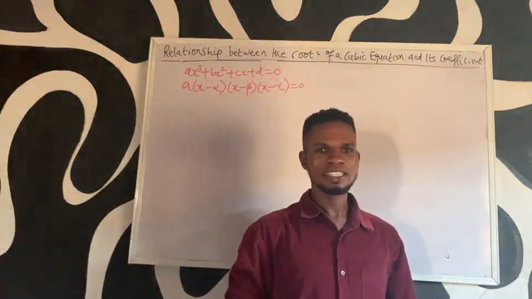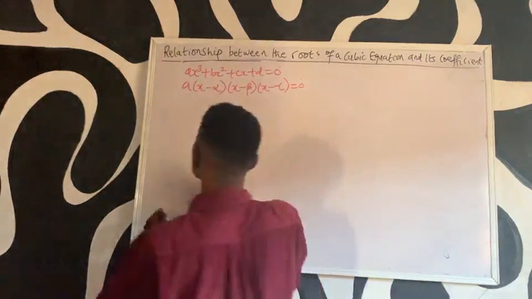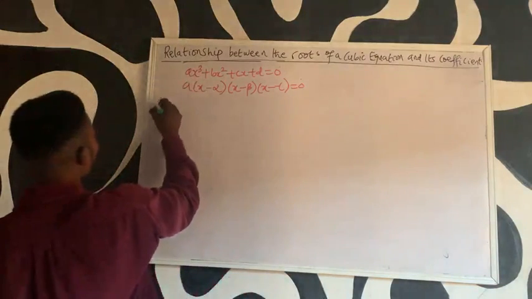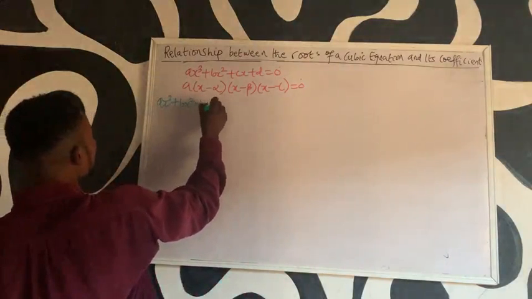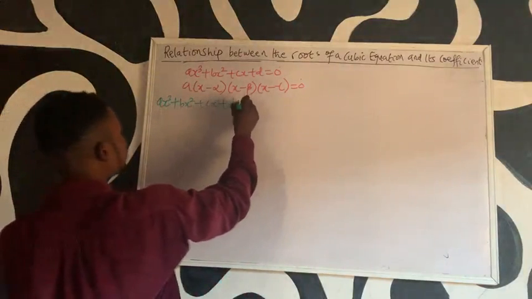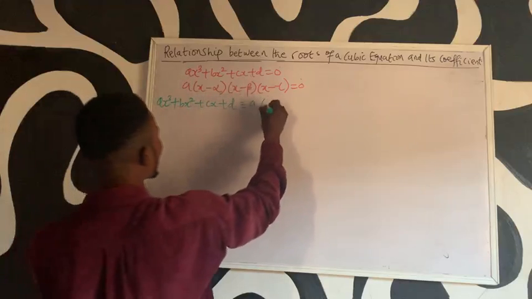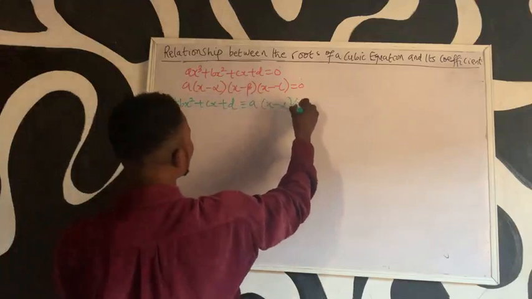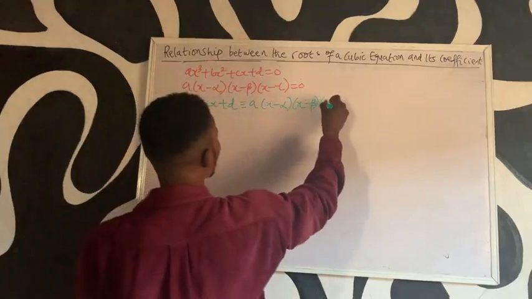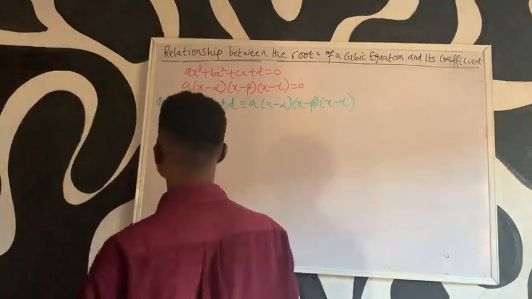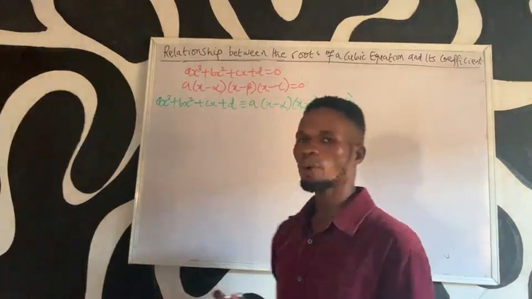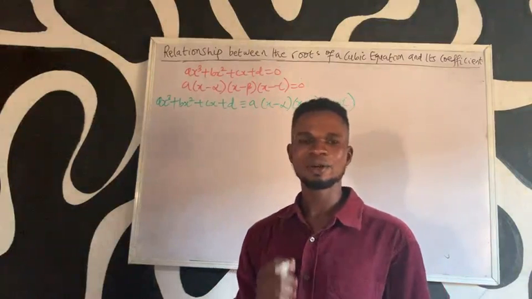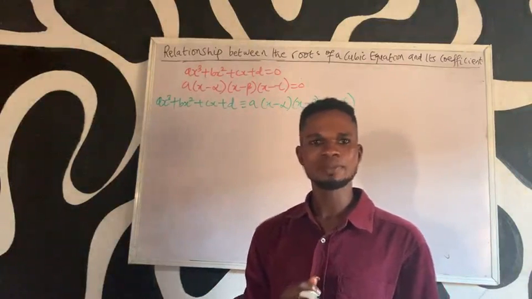If that should be the case, then the general form of the cubic equation ax cubed plus bx squared plus cx plus d should be equivalent to a into bracket x minus alpha, x minus beta, x minus gamma. So we need to expand what we have at the right hand side of the equation. How do we expand that?